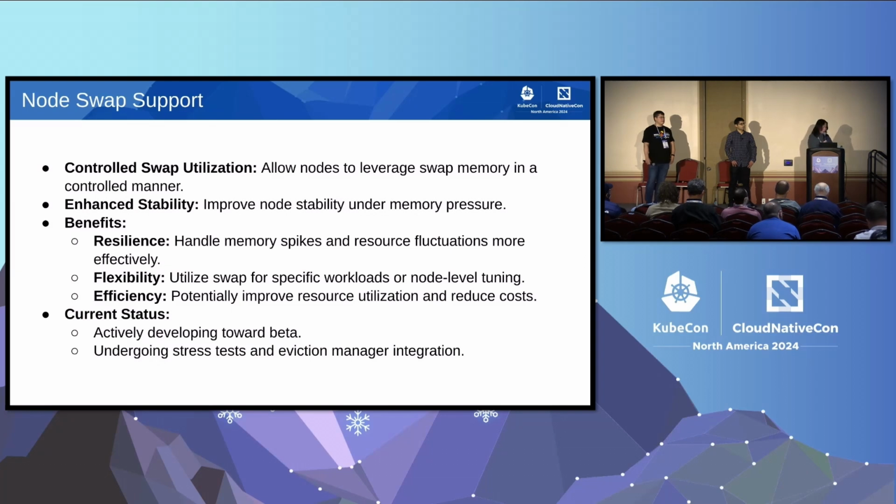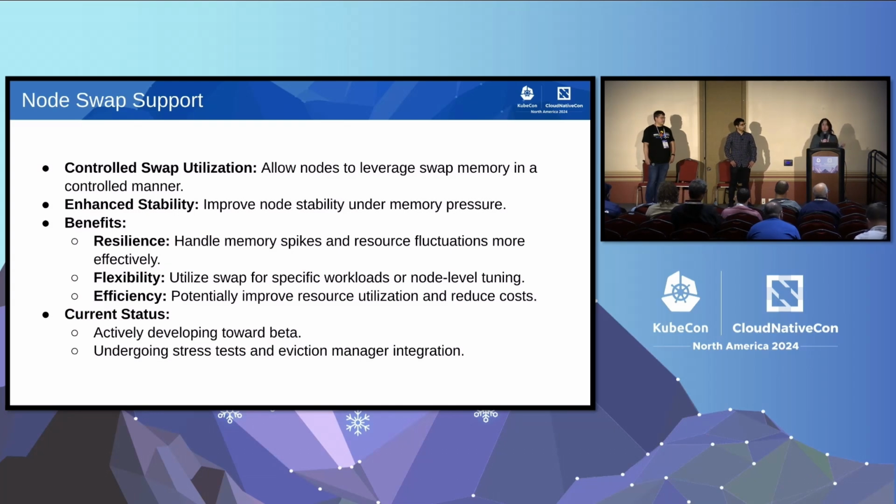And one of the challenges, which is what makes us not promote this to beta, is just figuring out eviction management integration, right? So we want to improve the eviction manager and make sure there's proper use of swap and avoid swap-thrashing situations, and also protect the node, prevent node instability, those kinds of things.